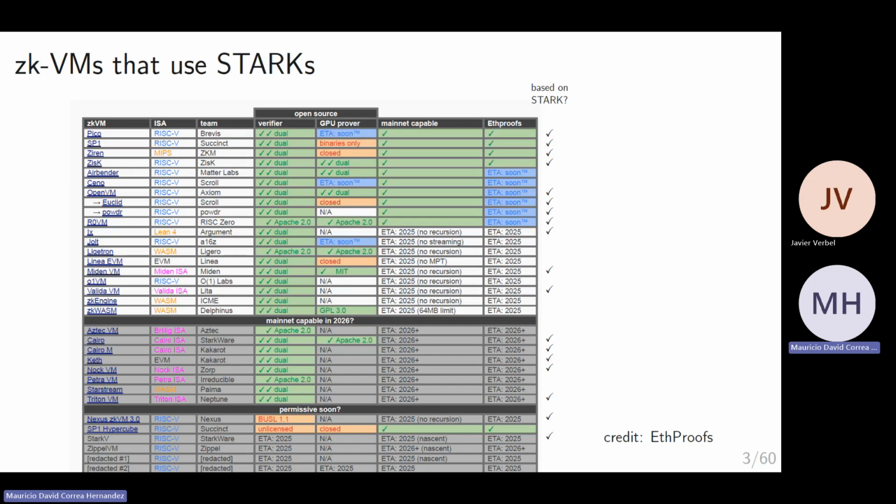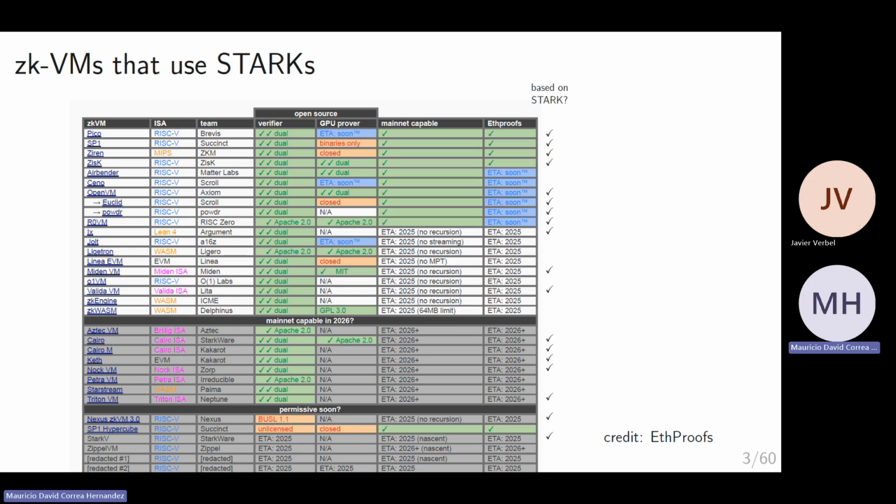And we see this reflected in the Ethereum Foundation's project towards Starkifying, or Snarkifying rather, the Ethereum blockchain. It's a project that's just tracking the various zkVMs that might one day be capable or already are capable of proving Ethereum blocks.